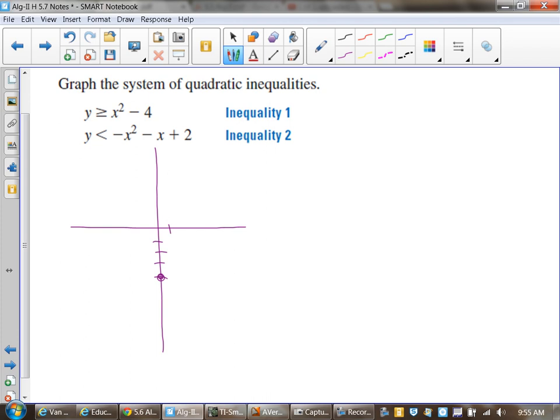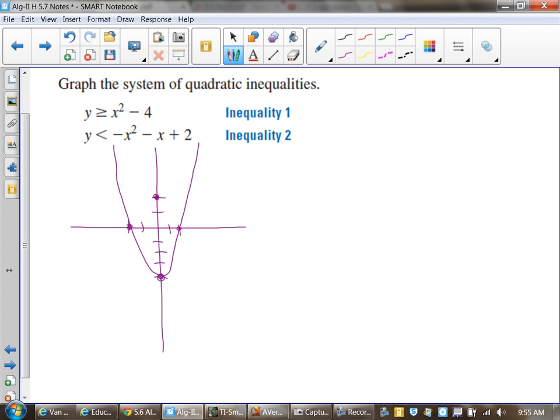Did you say that when you plug it in, if it's right, then it's inside the parabola? Yes. So that's what the first parabola looks like. The second parabola, I know if x is 0, it starts at +2. That's a point there.